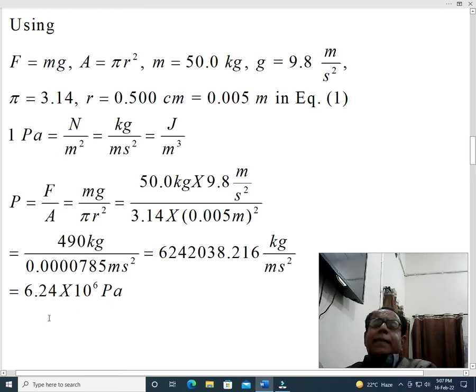Even if we answer it as Newton per meter squared, then again it will be quite okay. We are not bound to convert it in this form, that is 6.24 into 10 raised to the power 6 Pascal. 10 raised to the power 6 usually stands for mega, so we can also call it 6.24 mega Pascal.